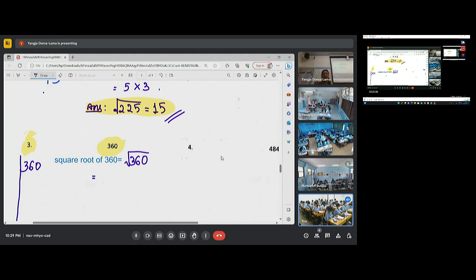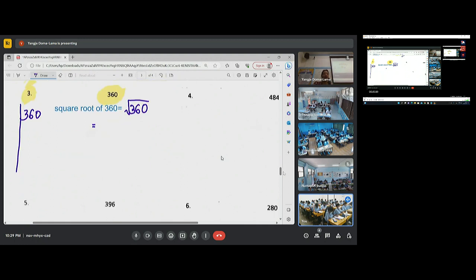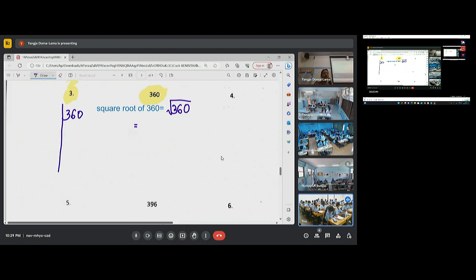Now you have to tell me, what number did you start to factorize? 5 or 2? What number did you start? What number did you write here? 5 or 2? You can write 5 also, you can write 2 also, okay? Understand? We write 2 because this is even number.